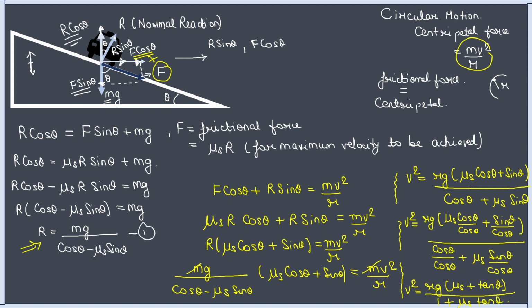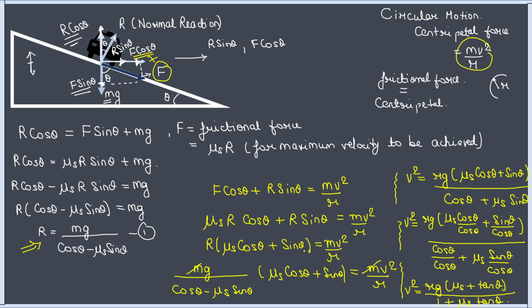So v square is equal to r g times mu s plus tan theta, divided by 1 minus mu s tan theta.